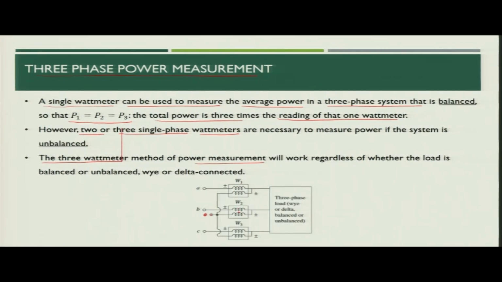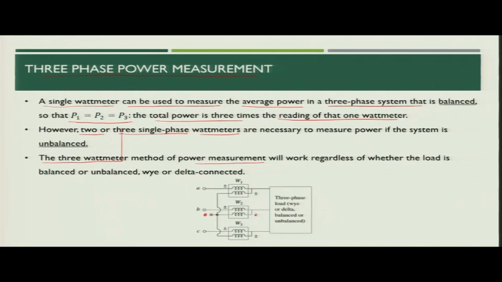Similarly, for W2 and W3 meters, we will connect them to individual phases, that is B and C, and the potential coil, that is the voltage coil, will be connected between phases and the reference node. So, we are considering reference node as O in this particular arrangement.